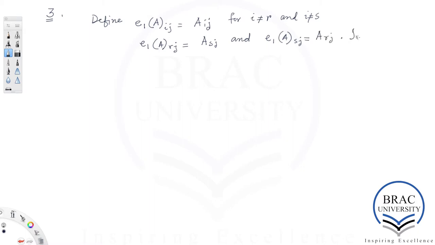So in other words, we are taking E1 to be exactly equal to E. The two operations are the same. So E is an elementary row operation of the third type, and E1, its inverse, is taken to be equal to itself. Okay.